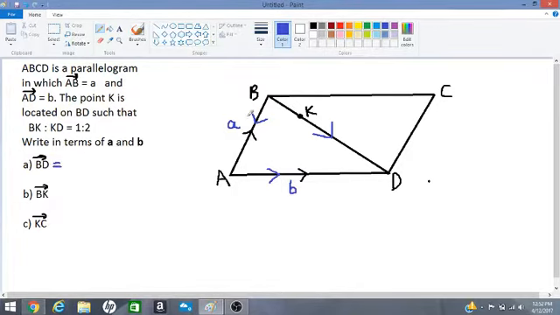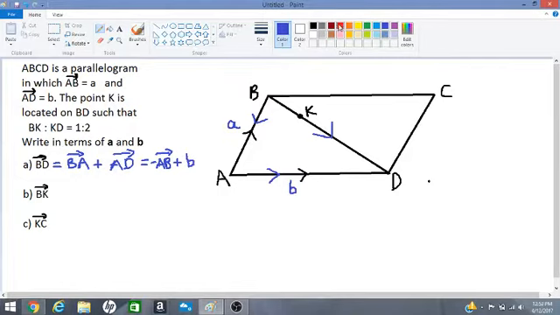BD is equal to BA plus AD. Okay, so BA is the opposite of AB, so that will be negative AB, plus AD, which is little b.